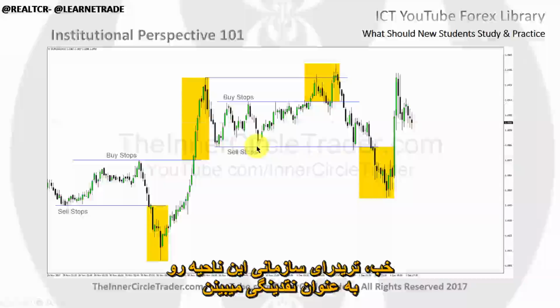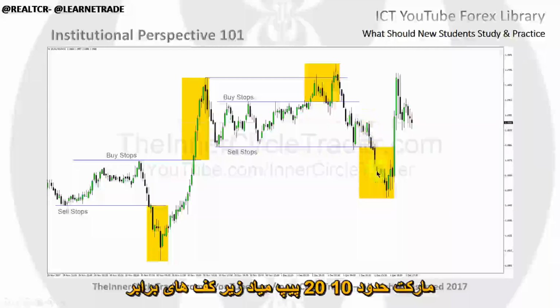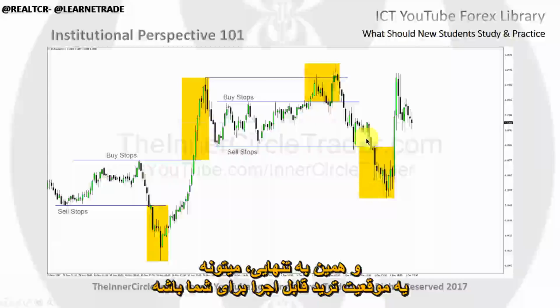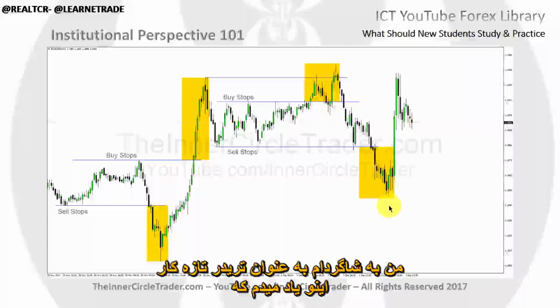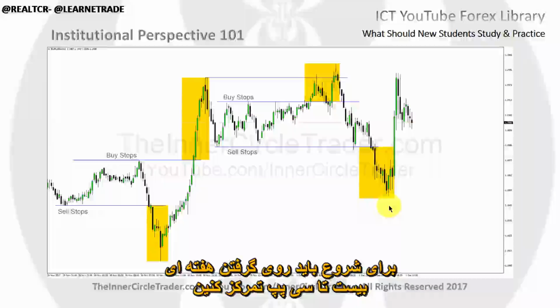So institutional-minded traders are going to see this as liquidity. The market will drop down 10 to 20 pips below equal lows, and you need to be determining whether or not that's a viable trade for you. So what's a viable trade? I teach my students that as a new trader they should think about 20 to 30 pips per week to start.